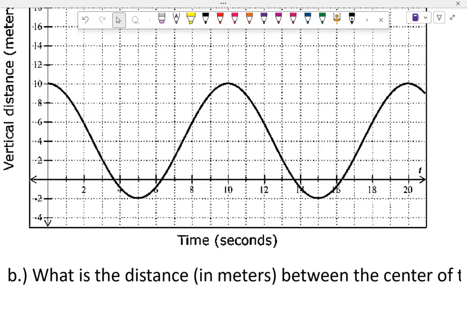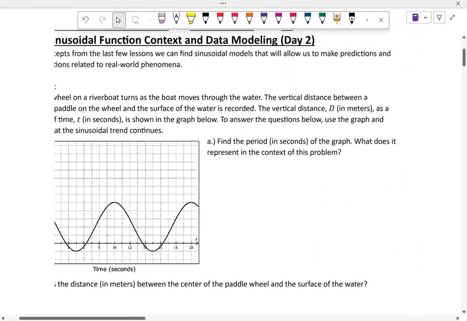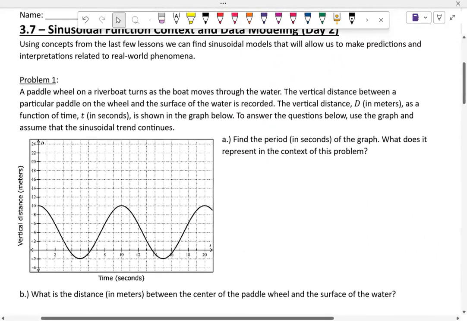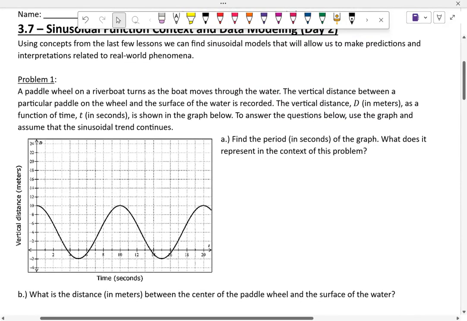So if we can ever talk about a motion that does that, bouncing back and forth between two values, that would be a sine or cosine situation. But again, like I said, most of them are circular motion.